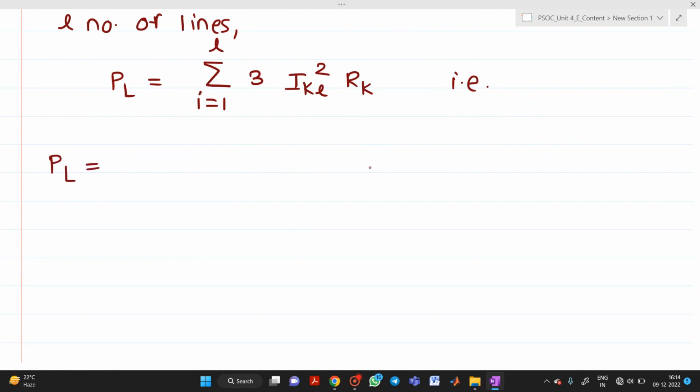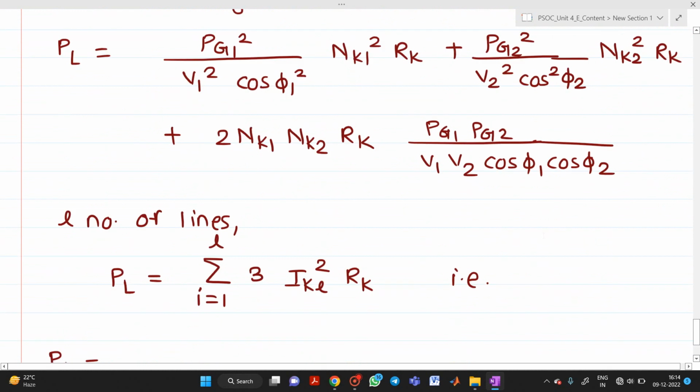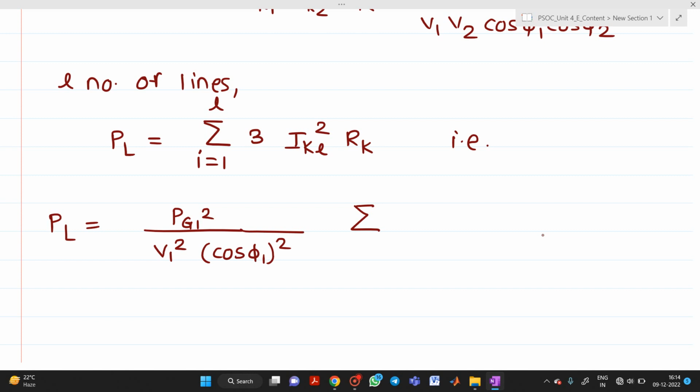So if you refer to this above formula, then you will be able to write it like this. This will be equal to Pg1 square divided by V1 square cos phi 1 square, and here I will write summation k equal to 1 to L nk1 square into Rk.